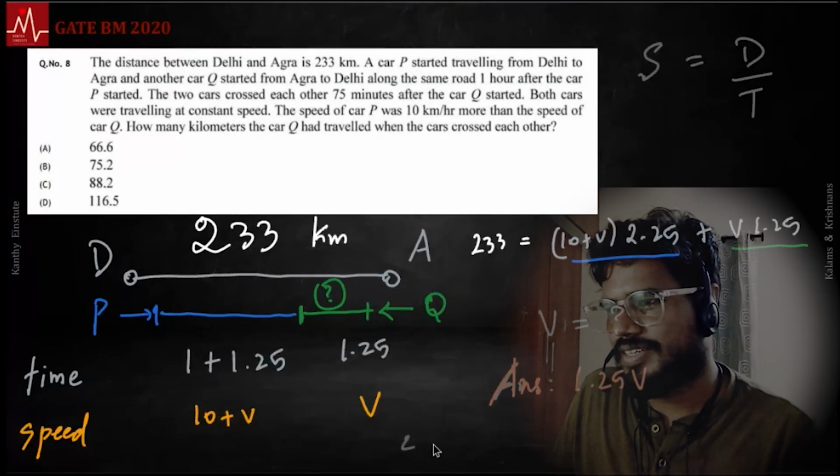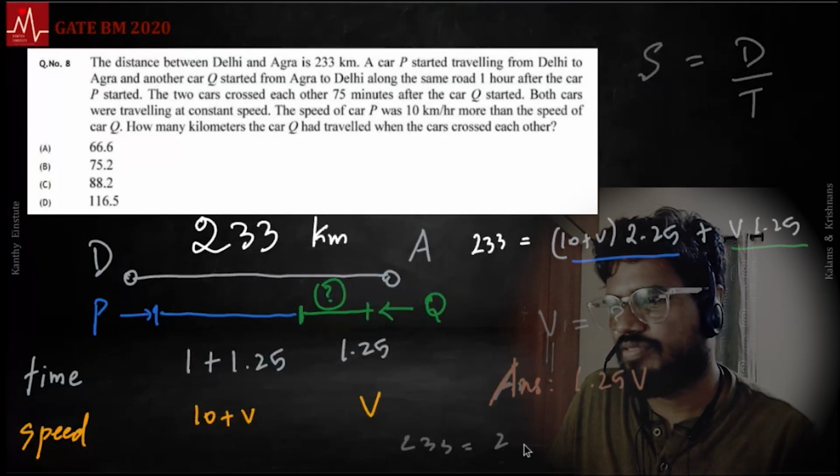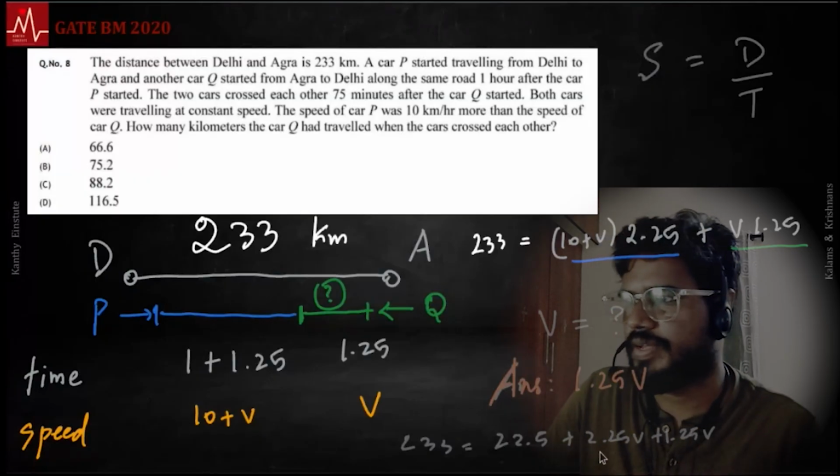So 233 is 22.5 plus 2.25V plus 1.25V, that is 3.5V.